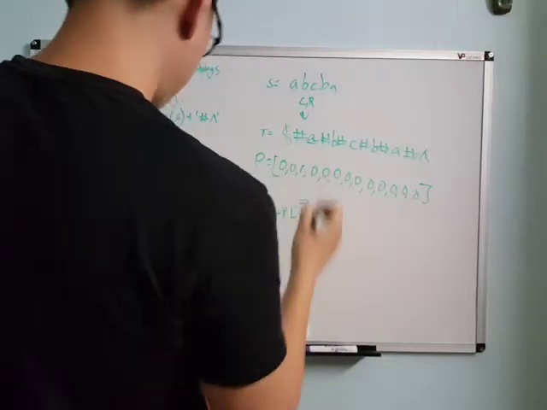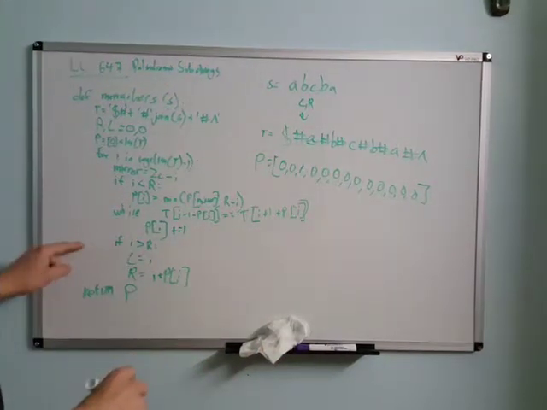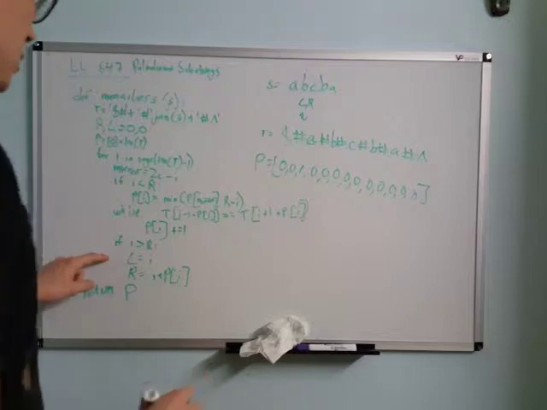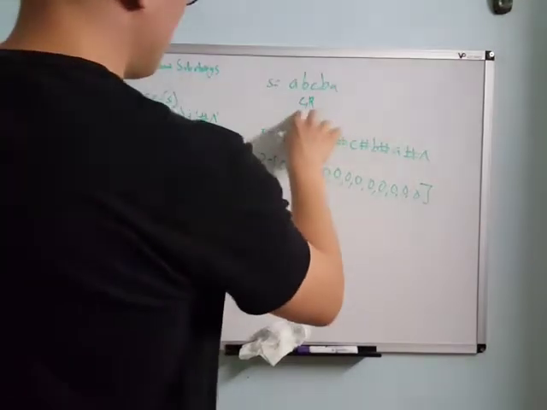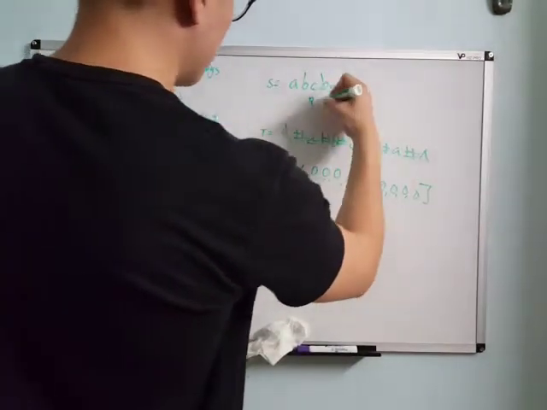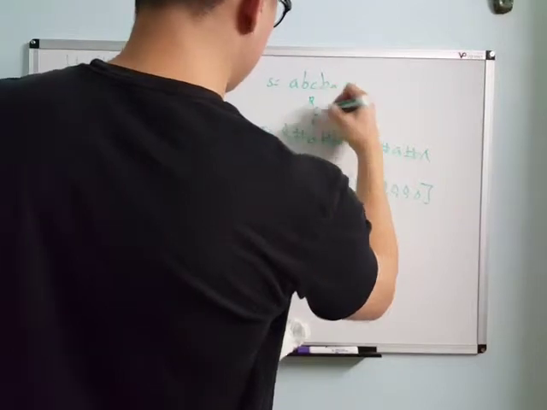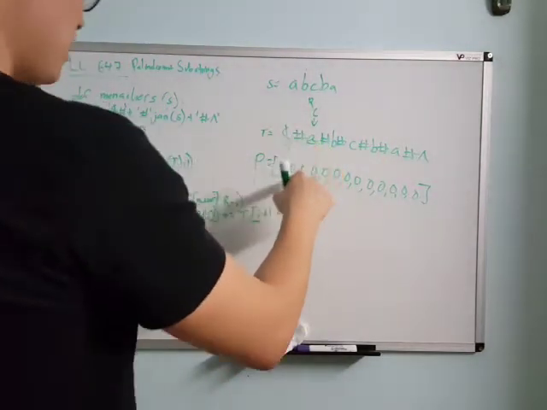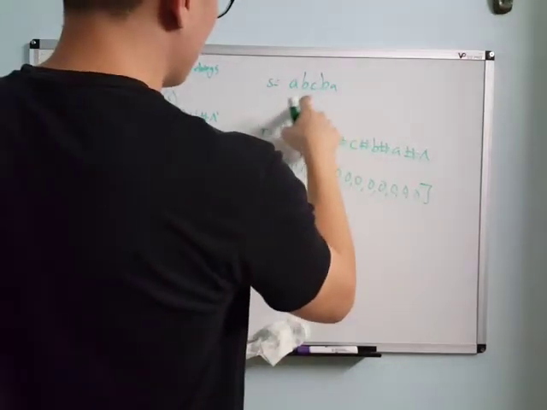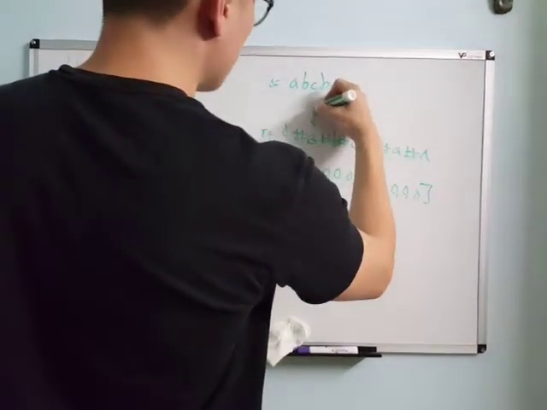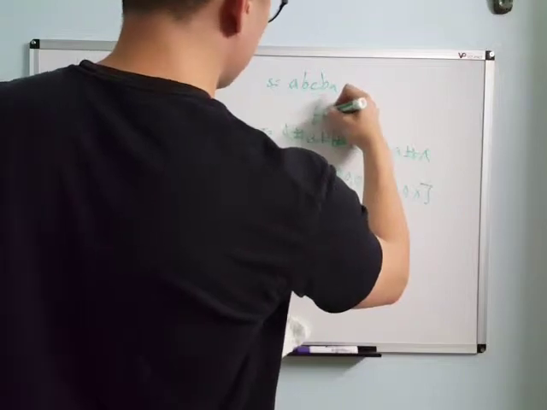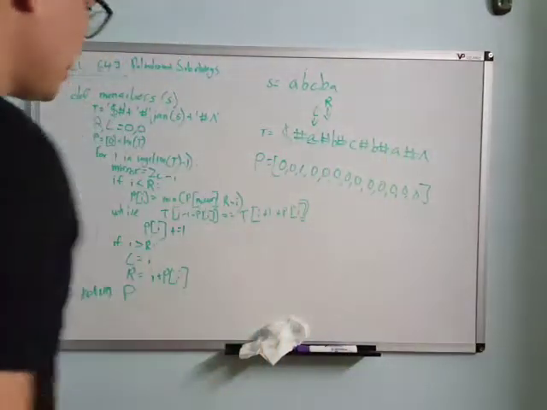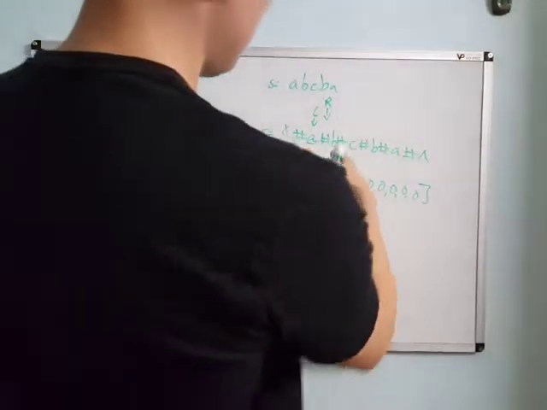I is greater than R, yes it is. C is equal to I, so we move our center to here. And then R is now equal to I plus P of I. So move it over 1, move it over 2, but one from the center. So this is R. Now we have our center and our right border.